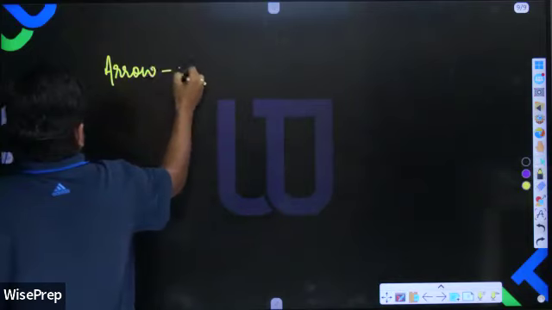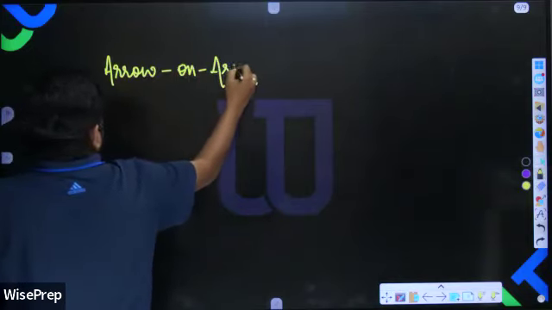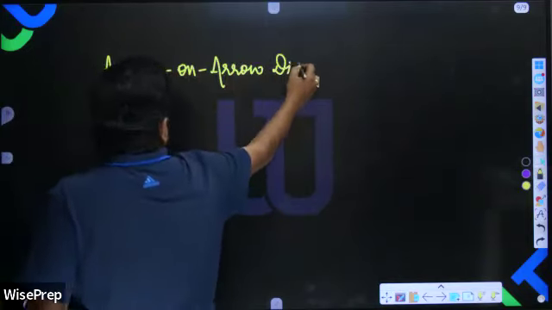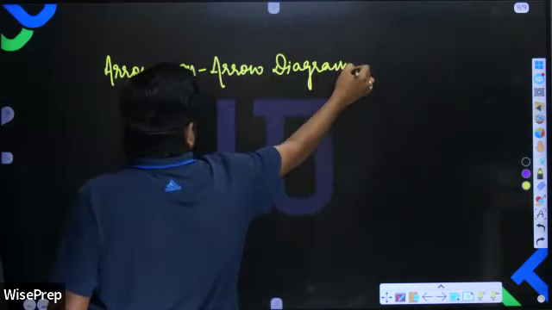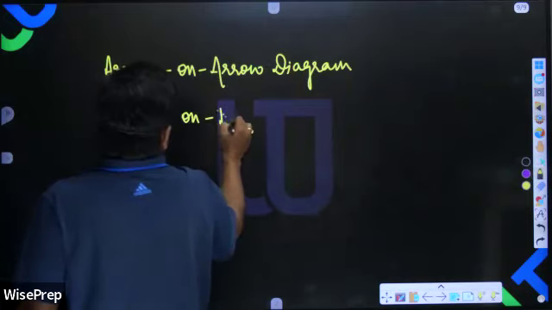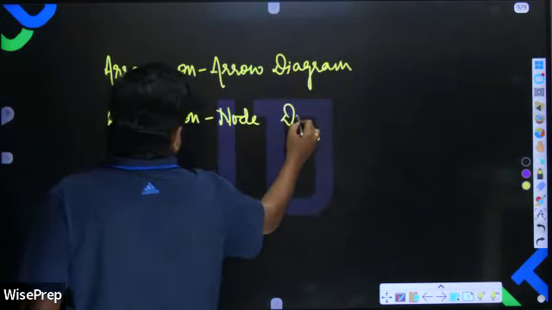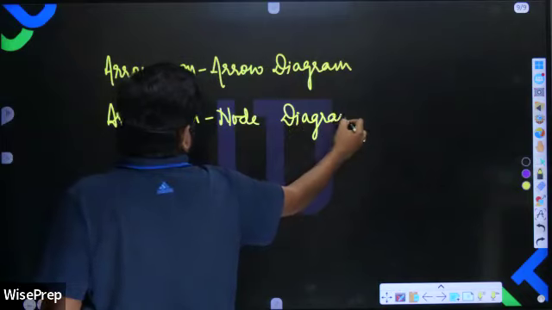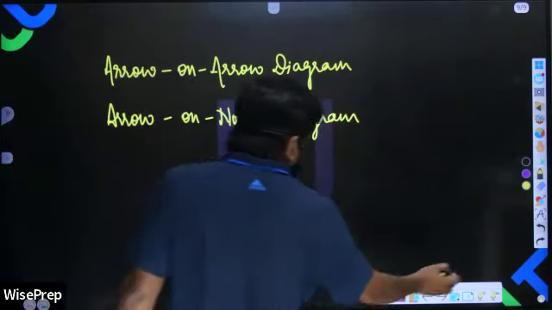Arrow on arrow diagram, arrow on node diagram.